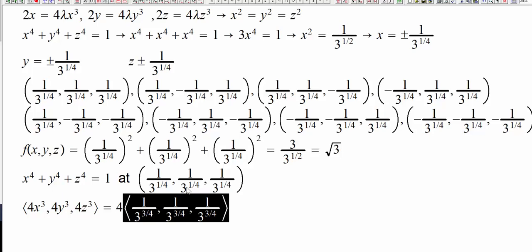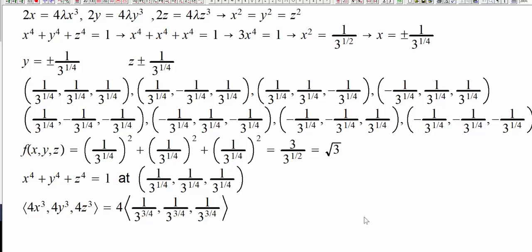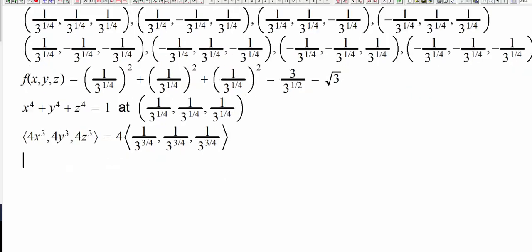So an equation of the tangent plane would be what? This is the first component of the normal vector, and then x minus this quantity, right? Then plus the same thing with y.